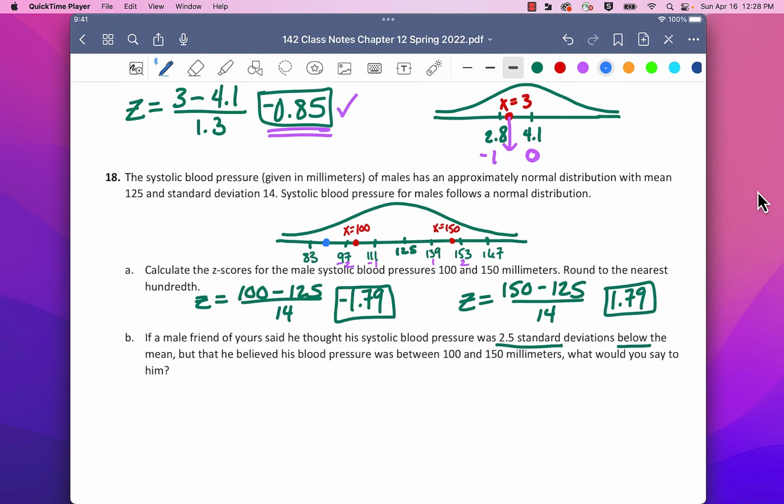That value is in between 97 and 83, but he believes his blood pressure was between 100 and 150, so in this range here that we were looking at. What would you say to him? Well, basically I would say he's incorrect.